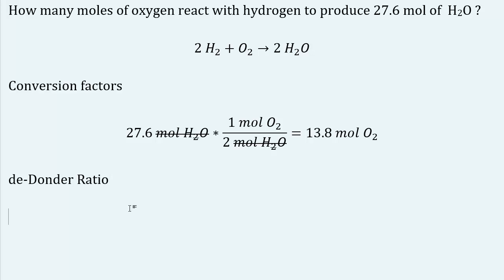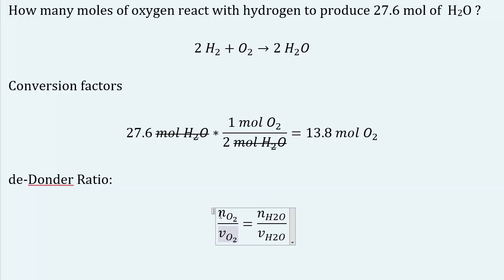In the Dedondier ratio technique, we state that the ratio between moles and stoichiometric numbers is constant between 2 substances in any chemical reaction that is not reversible. In this case, oxygen and water.